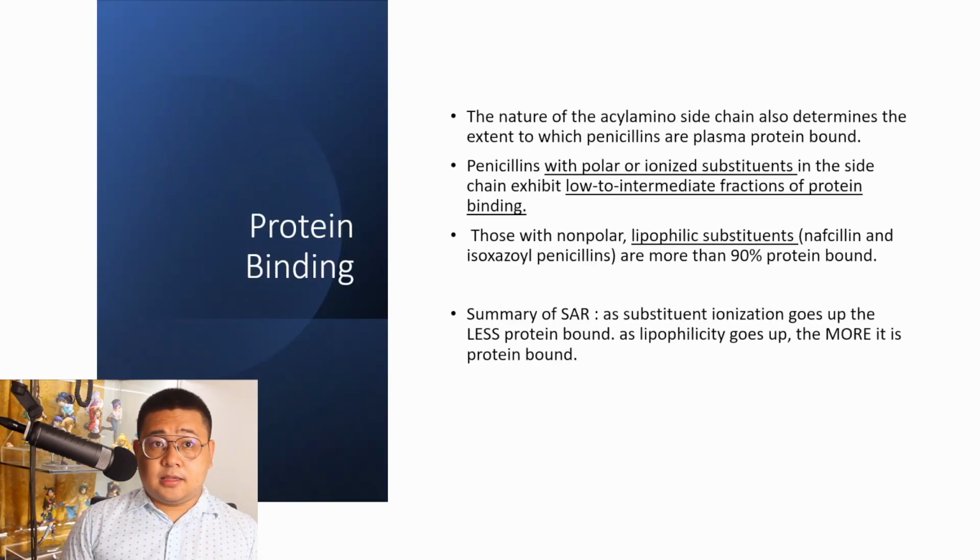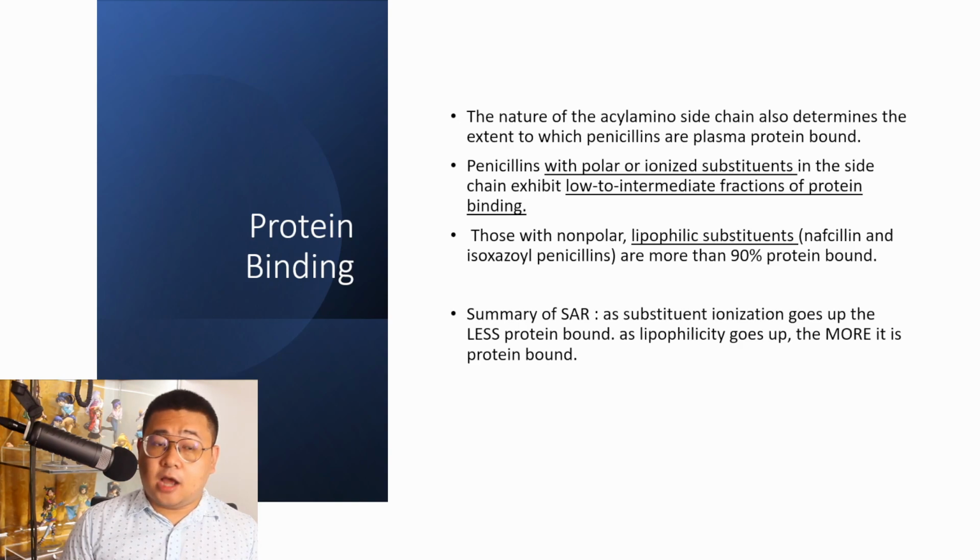Okay. More SARs, in terms of protein binding. The nature of our acyl amino side chain also determines the extent to which penicillins are plasma protein bound. Penicillins with low polar or ionized substituents in the side chain exhibit low to intermediate fractions of protein binding.